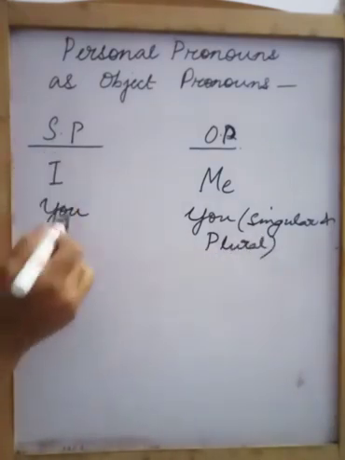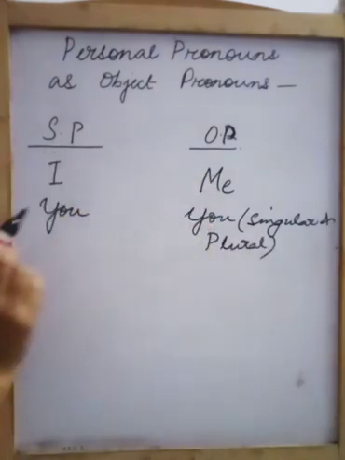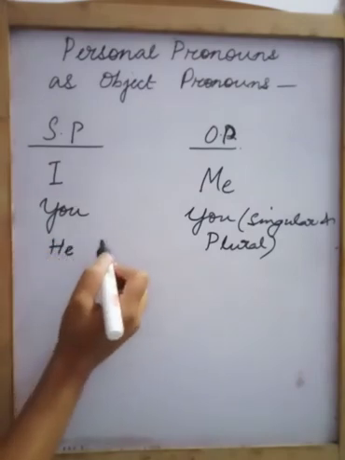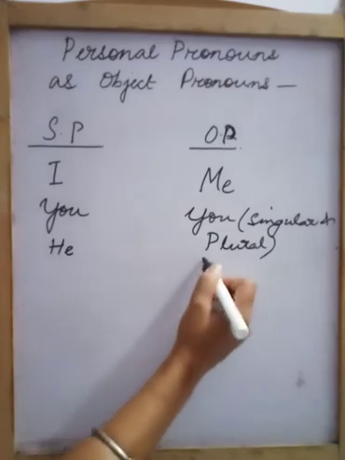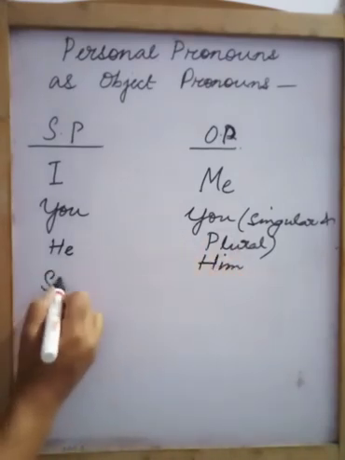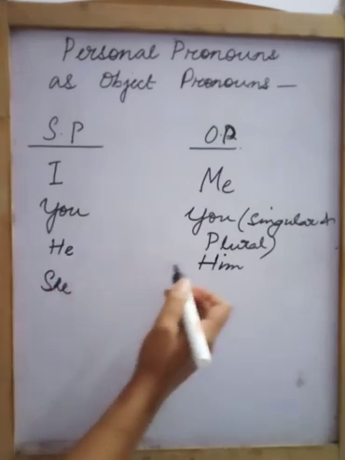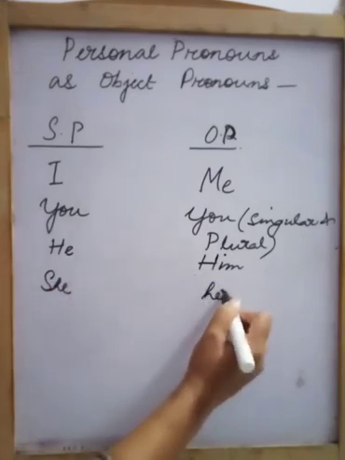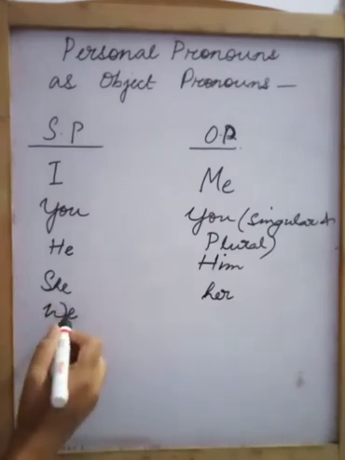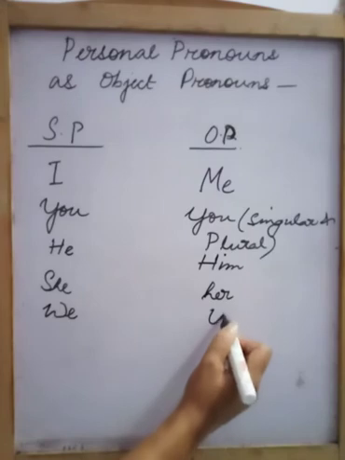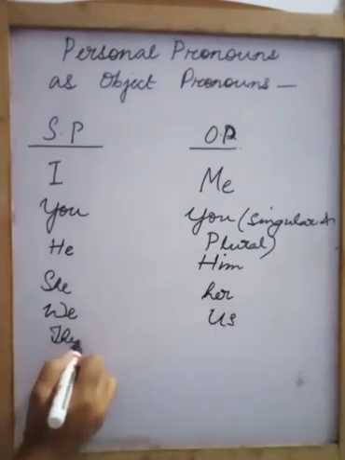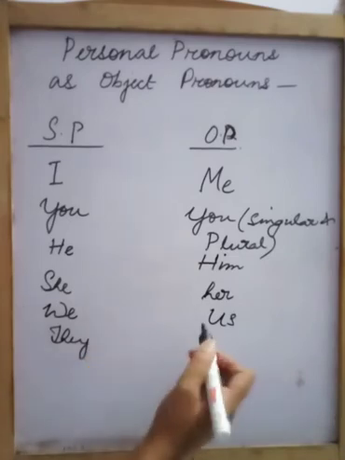I and you become me and you. Now he becomes what? He becomes him in object pronoun. She becomes her. We becomes us. Last, they becomes them.